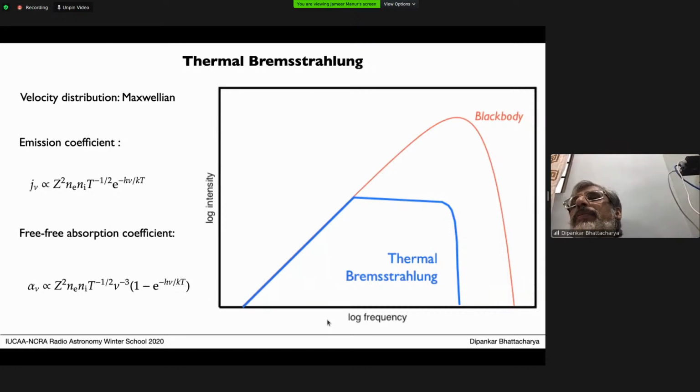The blue line is a thermal Bremsstrahlung spectrum for a given temperature, and I have compared that with the possible blackbody spectrum at that temperature.